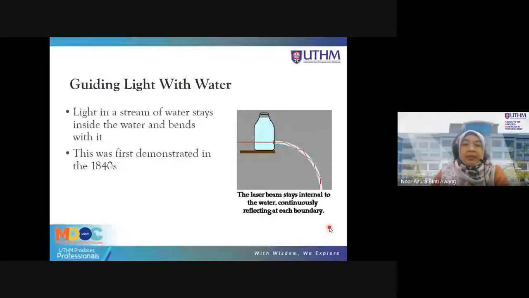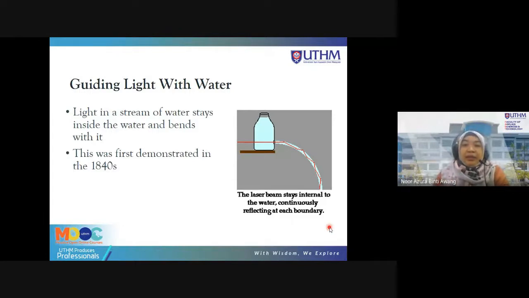This is how it started, how we found how to fabricate the fiber optic. It comes from a bottle of water. We put water inside the bottle and hold the bottle at the bottom, and we launch an LED or laser beam inside that bottle while the water is passing through.